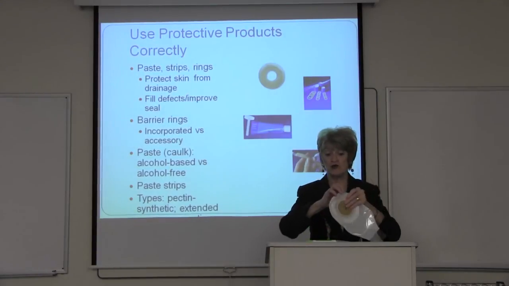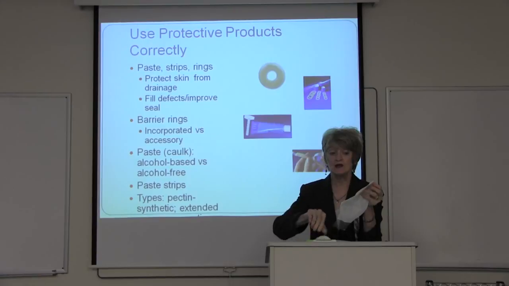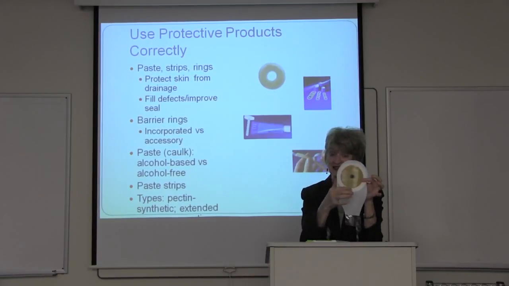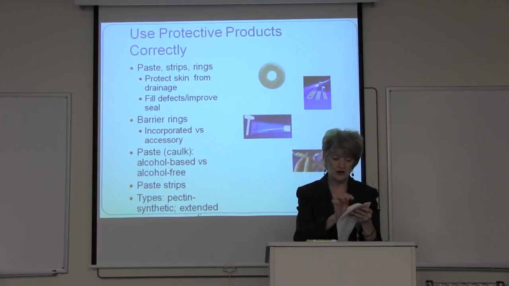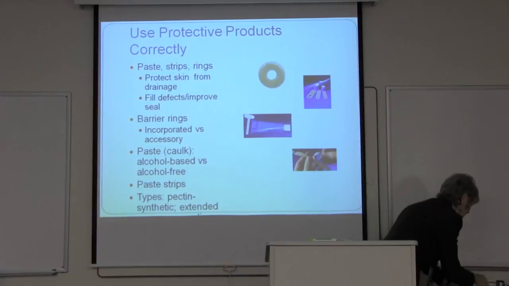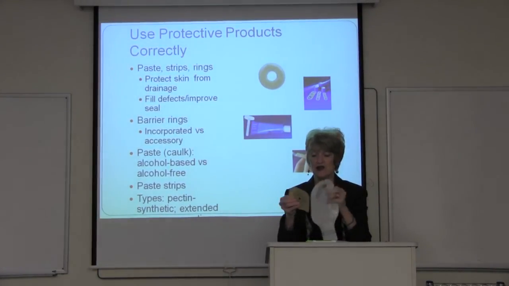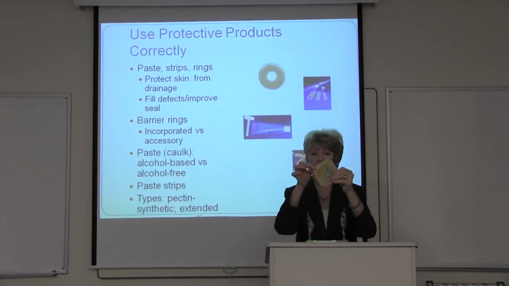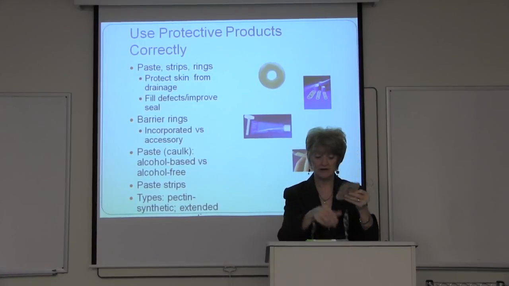Most of your barrier rings will be incorporated into your pouches. So most of your one-piece pouches have a barrier ring and then a tape border. So you see the barrier ring is already incorporated. Your two-piece pouches, in this particular case, there's only barrier. There is no tape border. So the two-piece system comes with a barrier ring, okay?